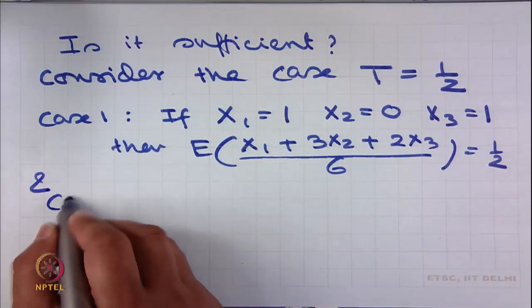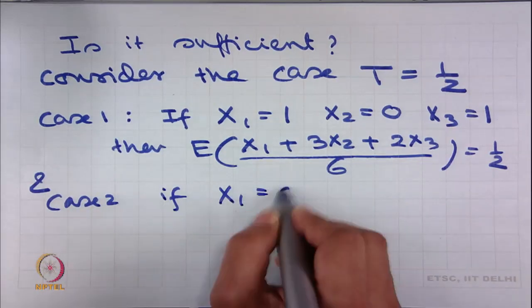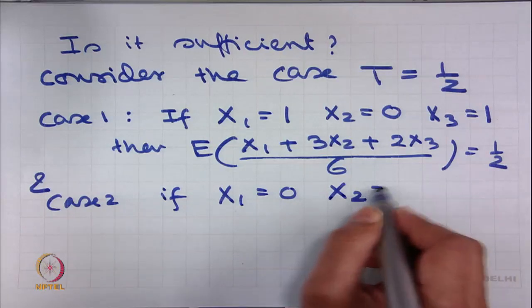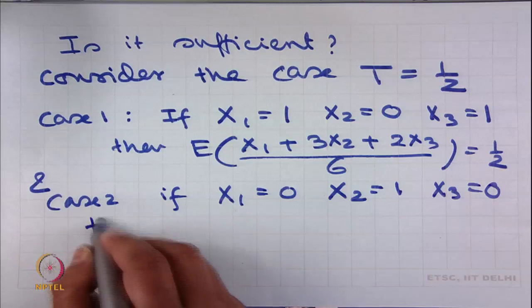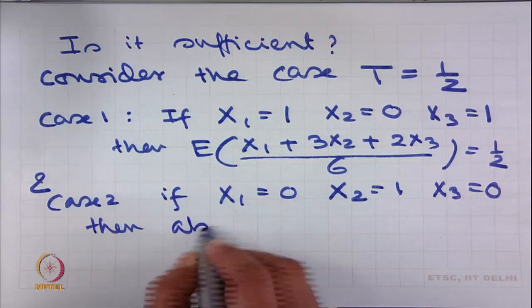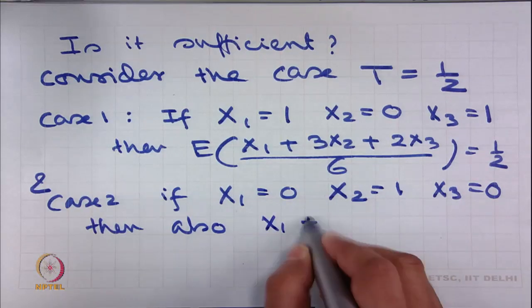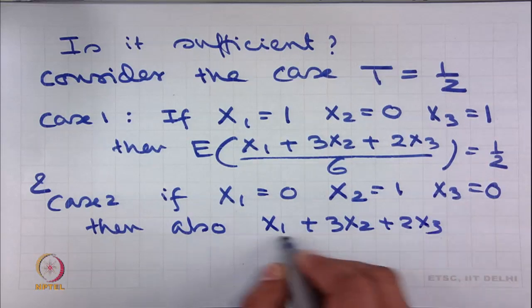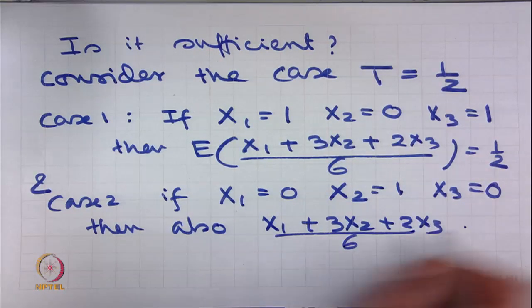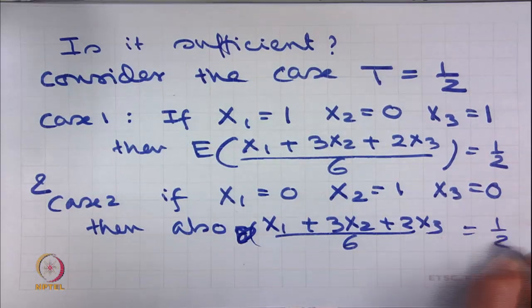And case 2, if X1 is equal to 0, X2 is equal to 1 and X3 is equal to 0, then also X1 plus 3 X2 plus 2 X3 upon 6 is equal to half.